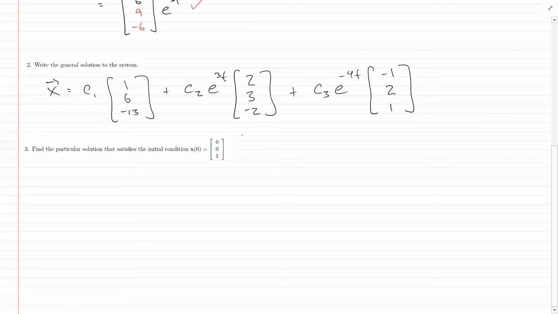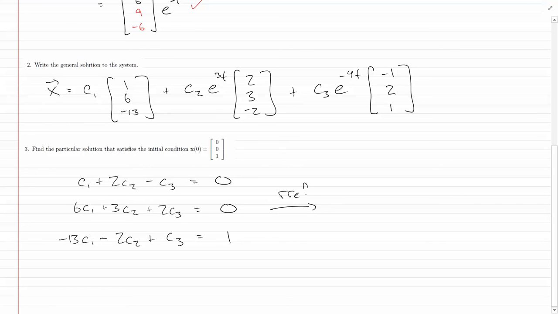The first coordinate would be c1 plus 2c2 minus c3, equal to 0. The second coordinate would be 6c1 plus 3c2 plus 2c3, and we want that equal to 0. And the third coordinate would be -13c1 minus 2c2 plus c3, and we want that equal to 1.